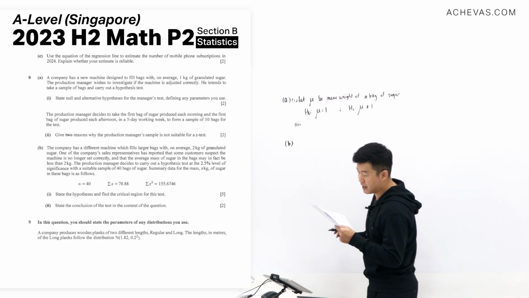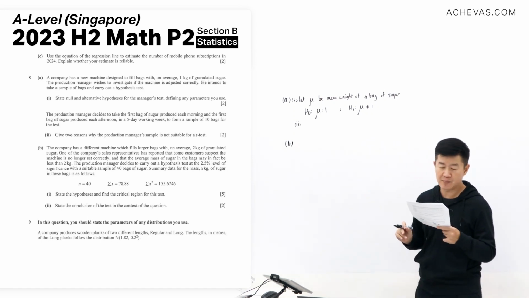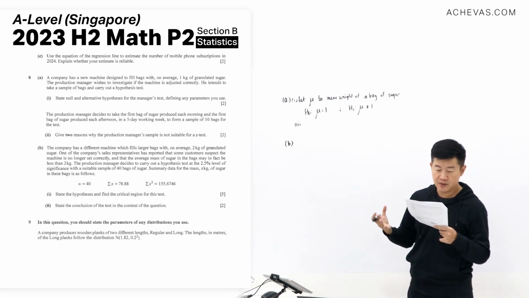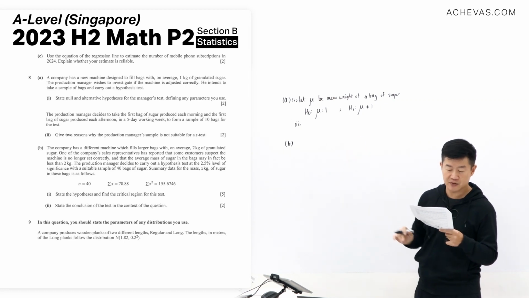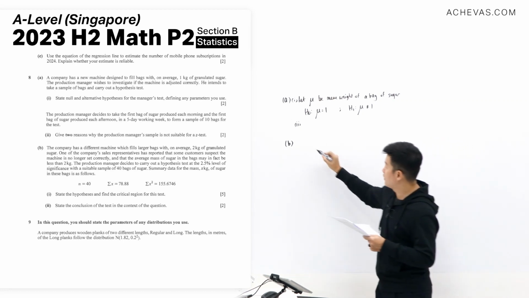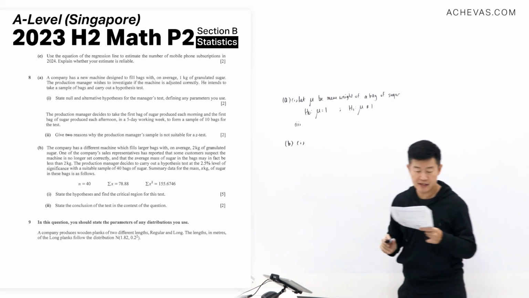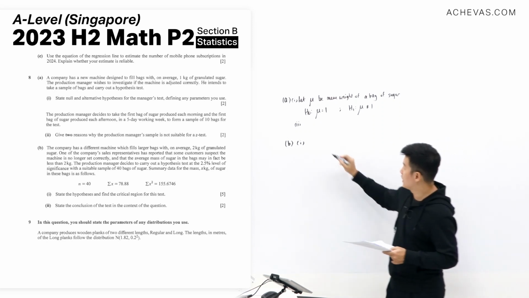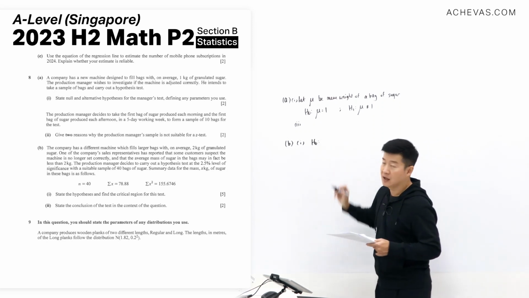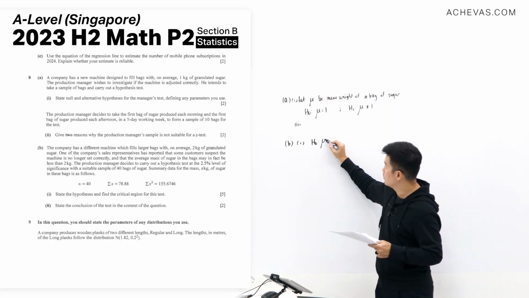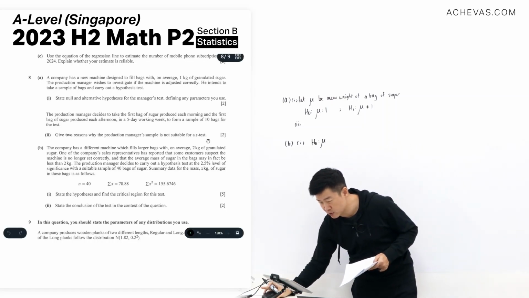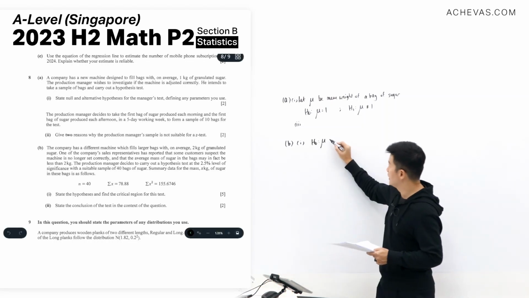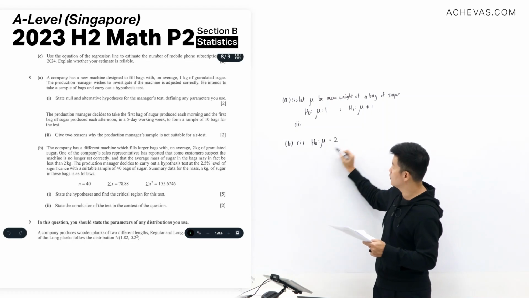In part B, we are looking at the company using a different machine. In part 1, we are going to state the hypotheses and find the critical region for this test. H0 will be mu equal to 2 kg.